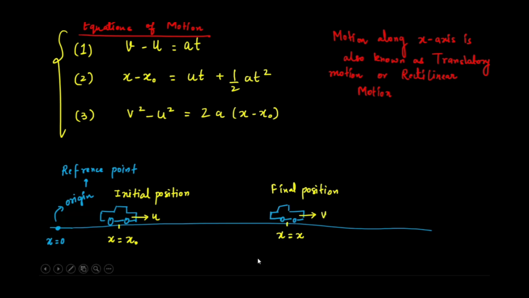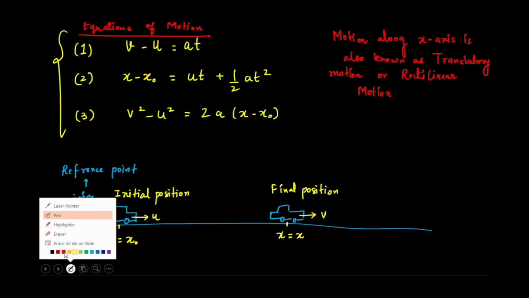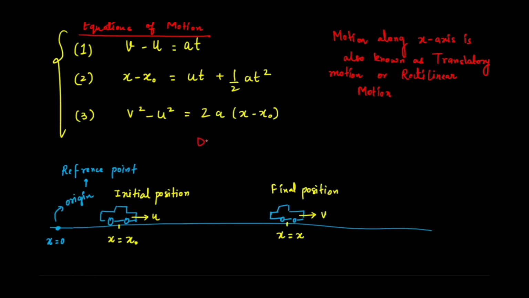So just tell me what is going to be the displacement for this motion. x minus x naught. This is the final position with respect to the origin. This is the initial position with respect to the origin.